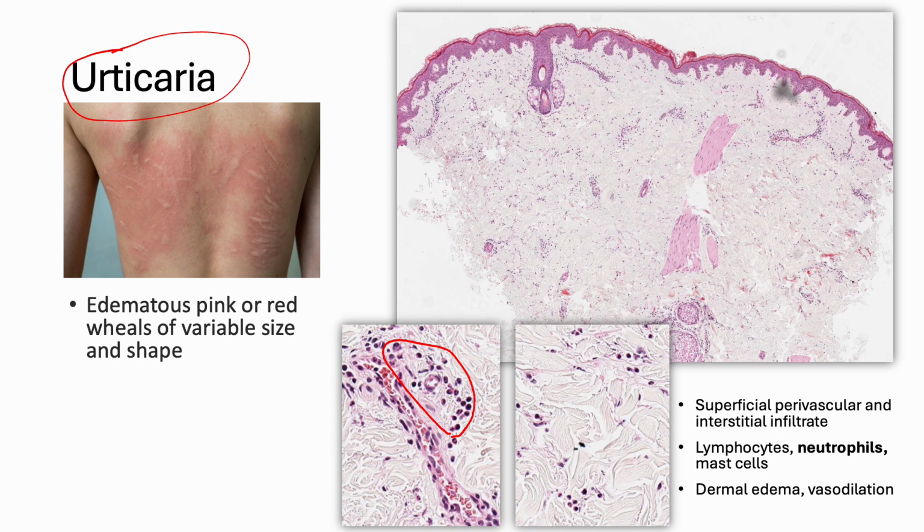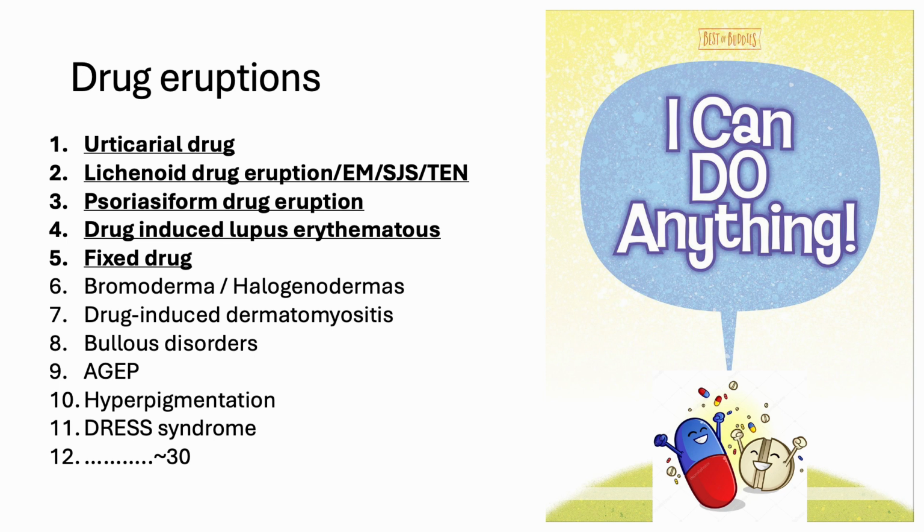Very subtle, though. Let's briefly talk about the drug eruption. In real life, drug eruption can be very common, but I don't think it will be tested on your board exam. The reason is that drug eruption without a proper clinical history is very hard to rule out or rule in, and they can resemble other disorders. There is no characteristic feature to say this is definitively a drug eruption, so that's the reason.